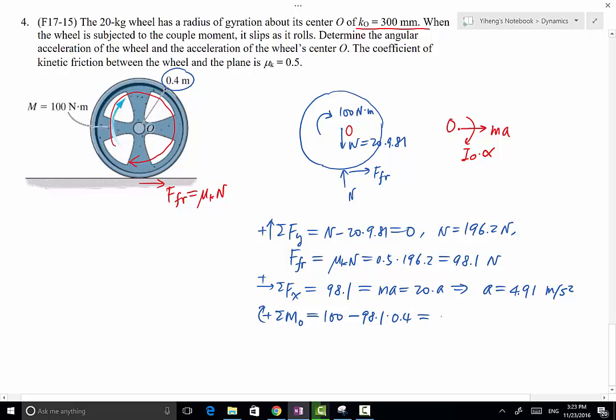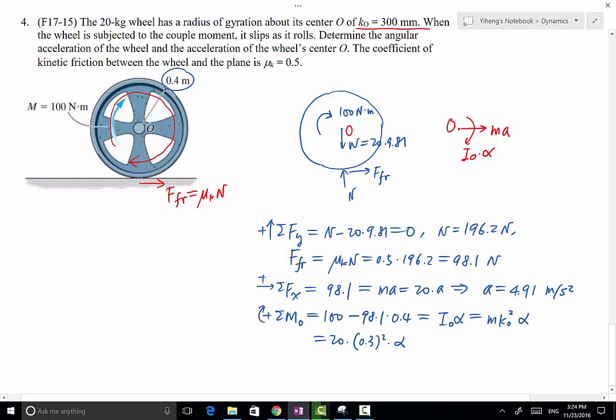On the right hand side, we have I_O alpha. Keep in mind that here I_O, point O, is the gravitational center. Therefore, I_O is m k_O squared alpha, and that equals 20 times 300 millimeter, which is 0.3 meter, squared, times alpha.